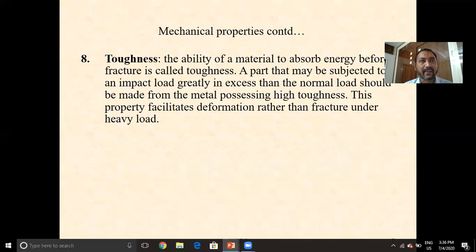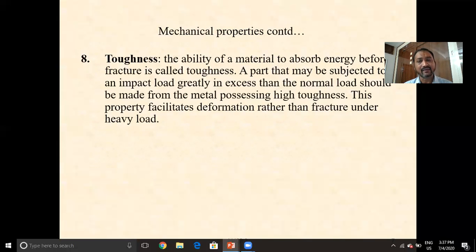So the ability of a material to absorb energy before its fracture is called toughness. Generally, if a material has the highest toughness, it will not fracture, but it will deform plastically under the load when subjected to some kind of external load.